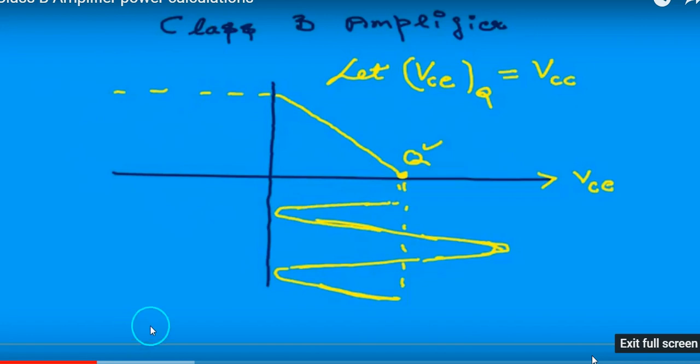Keep in mind that as this voltage goes more negative, the collector current, being the reciprocal of it, will increase, and when collector emitter voltage increases, the collector current will come down.